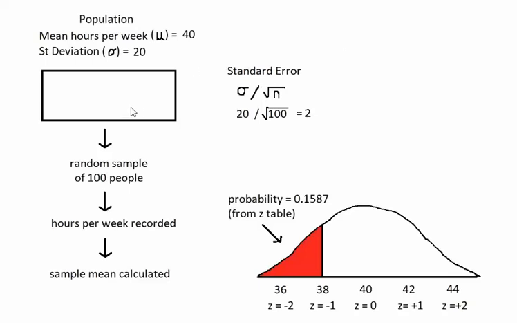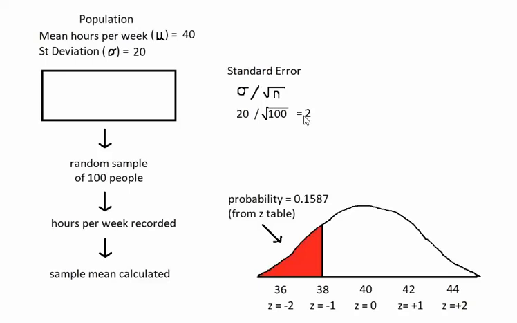And in this situation, we're going to assume that the sample is not more than 5% of the population, because if this is a population of incoming freshmen at a university, then 100 people is probably less than 5% of that population, because this population is probably pretty big. This is probably a pretty small percentage of this population. So we'll use the short formula. So 20 divided by 10 equals 2.